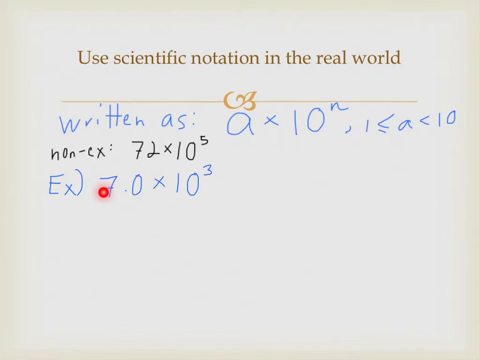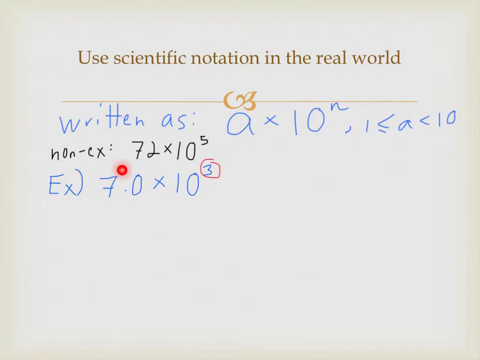Now if we want to convert this, we're going to take this exponent. This exponent is positive. One feature of our number system that we have to be mindful of is that if you're multiplying something by 10 to the third, that's like multiplying it by 1,000, meaning 1 followed by 3 zeros. If you had 7 times 1,000, you would have the number 7,000. So this positive exponent makes your A value grow and become larger.